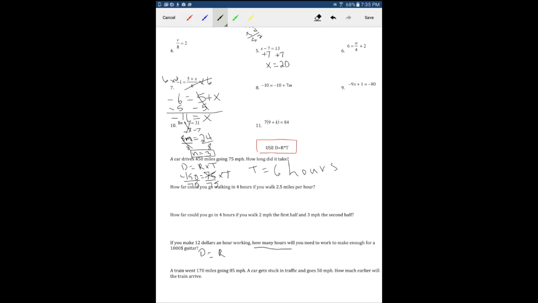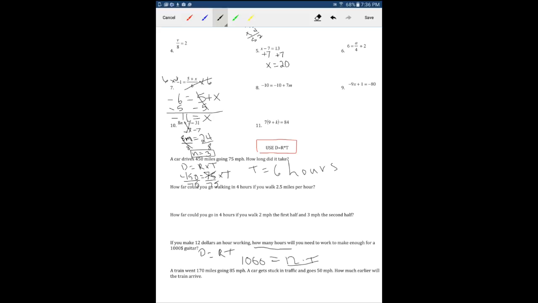D equals rt. We have dollars an hour, which sounds a lot like miles per hour. So I'm going to say 1,000 equals rate 12 times time.